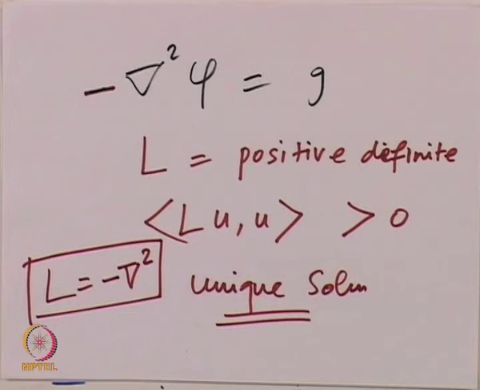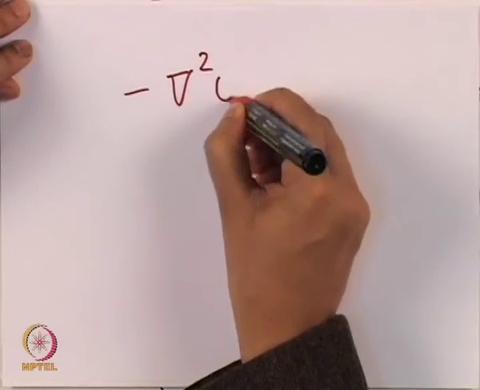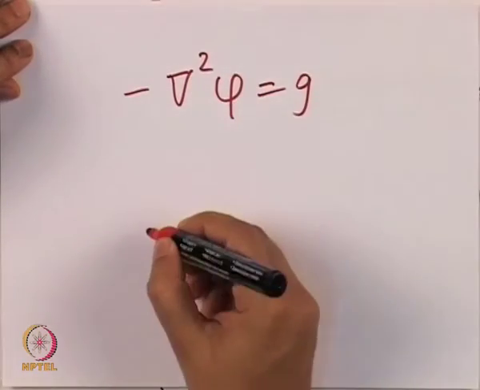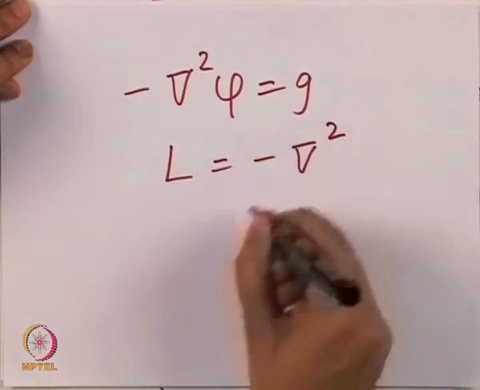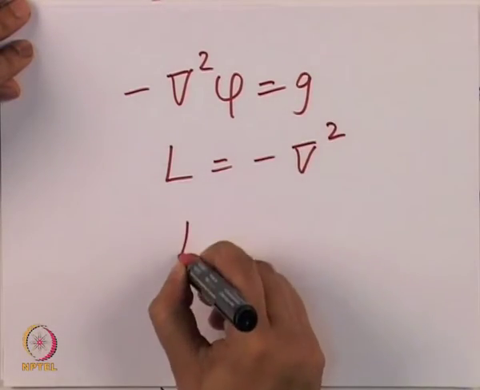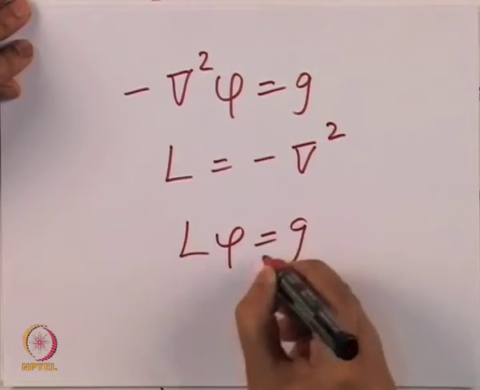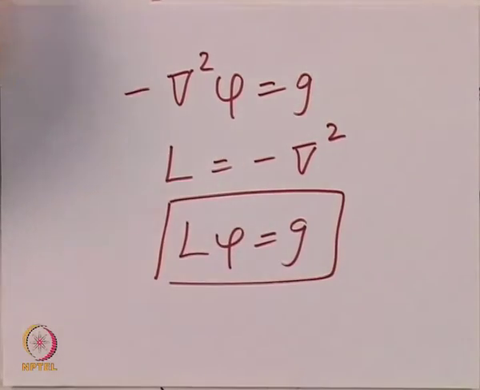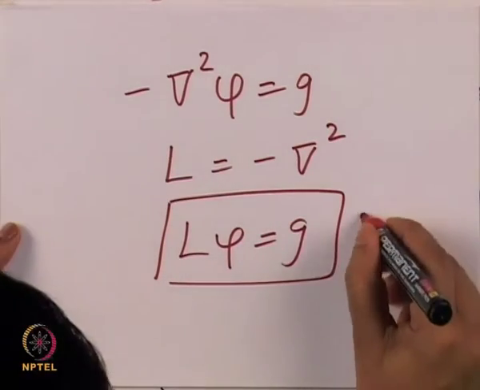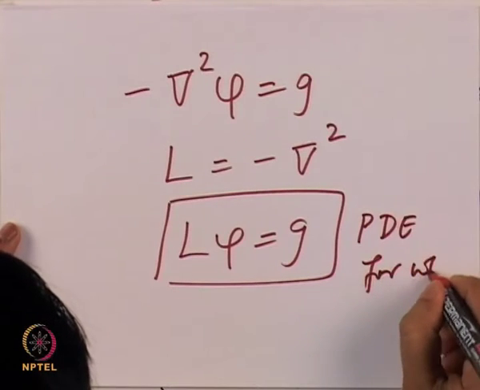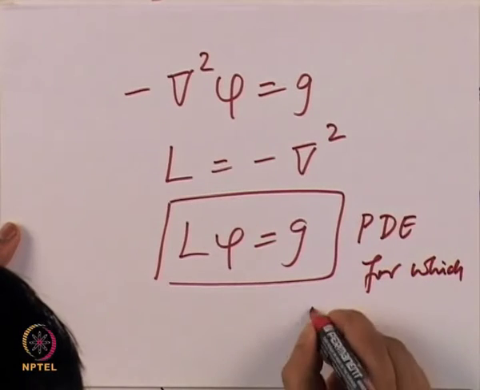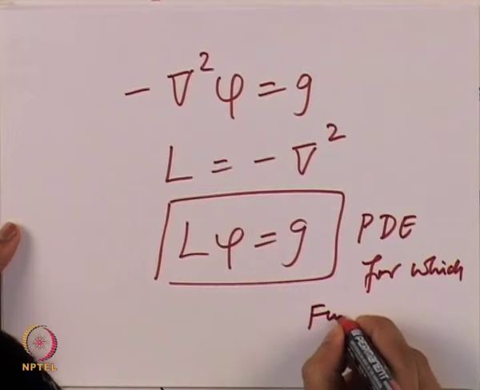So let's start with this Poisson equation where we have minus nabla squared phi equal to g. I say L is equal to minus of this, so my expression will be L of phi equal to g. This will be my starting point, the PDE for which I want the functional.